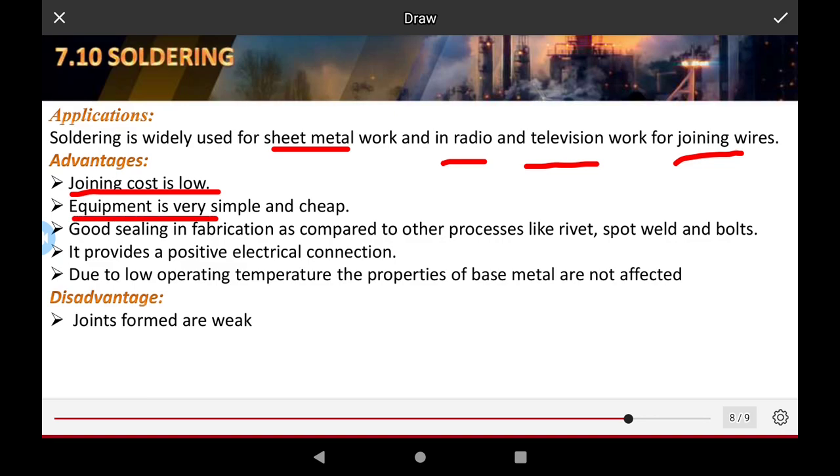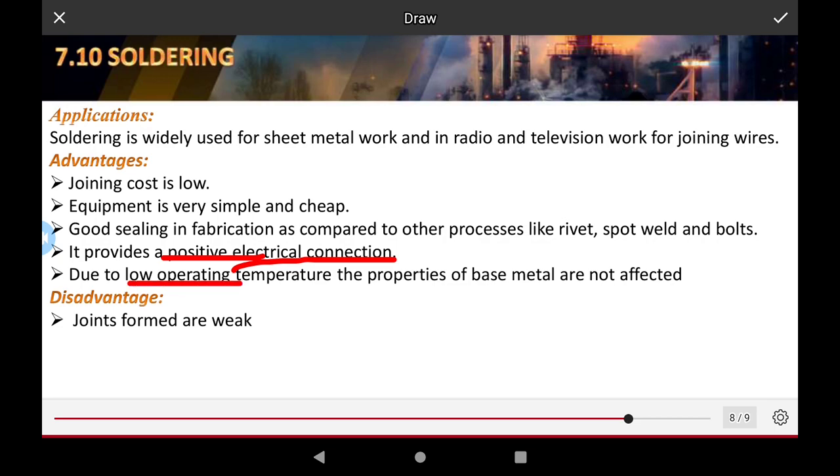It is also used for fabrication and compared with other processes like spot welding and welding of bolts. It provides positive electrical connections, and due to the low operating temperature, the properties of the base metal are not affected by the soldering operation.